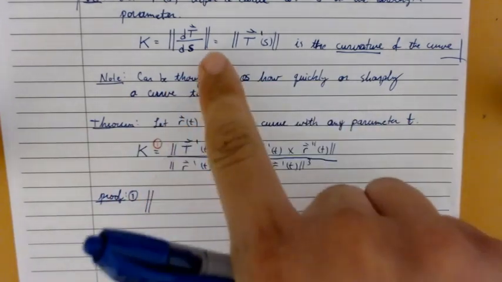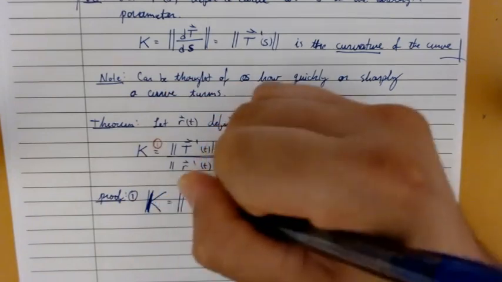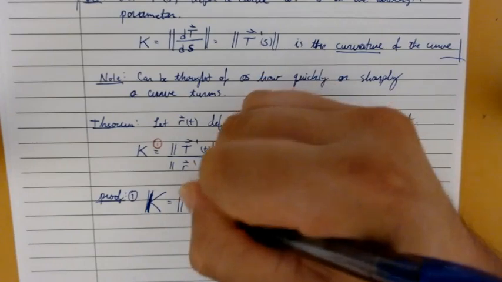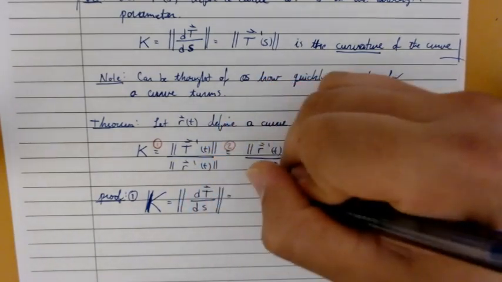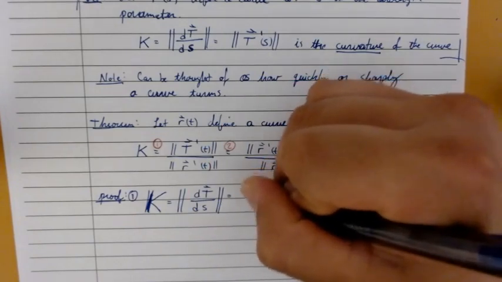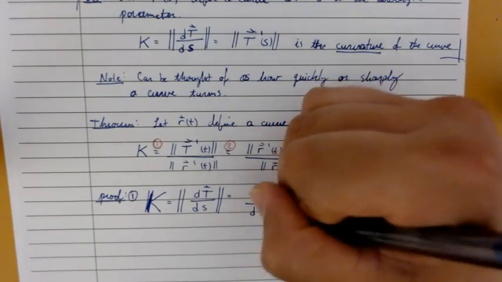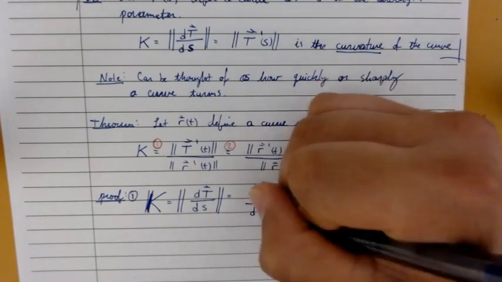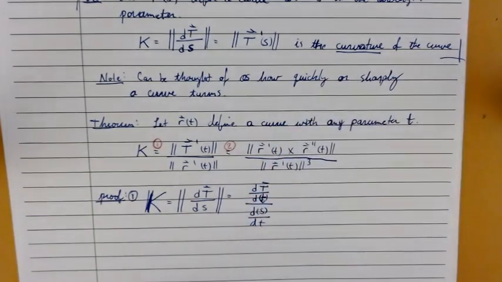All right, well, by definition, K is equal to the magnitude of the derivative of T with respect to the arc length parameter, which is equal to the derivative of T with respect to the time parameter divided by the derivative of the arc length with respect to the time parameter.